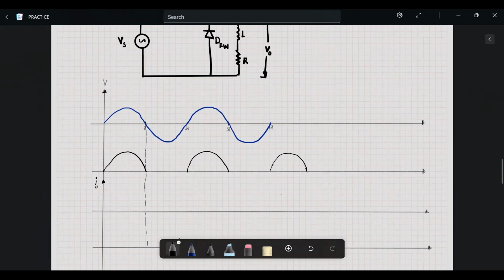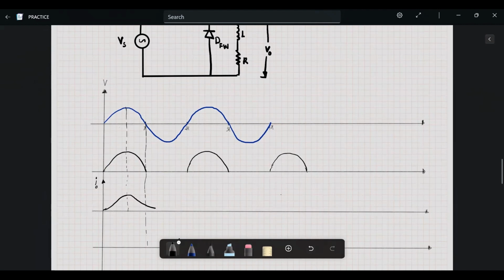It's going to slowly increase, and then when this is the maximum point of the voltage, at that point the current will start reducing after it reaches the maximum. So it starts first increasing, that's the behavior when there's an inductor, and then here it will decrease like that.